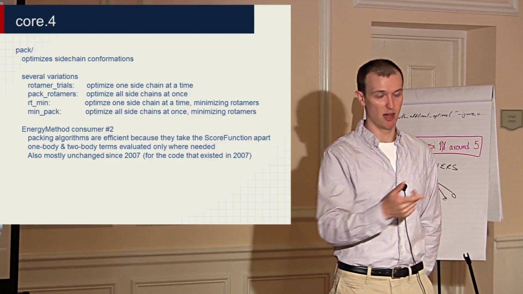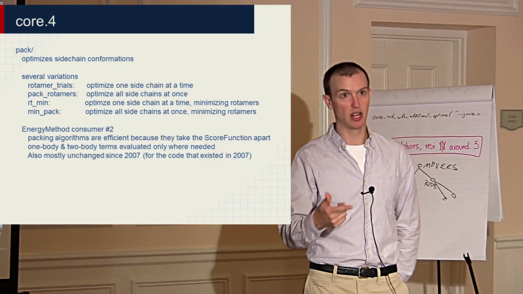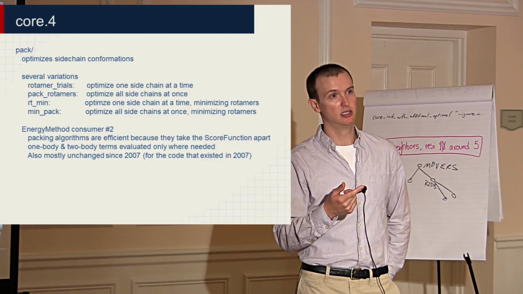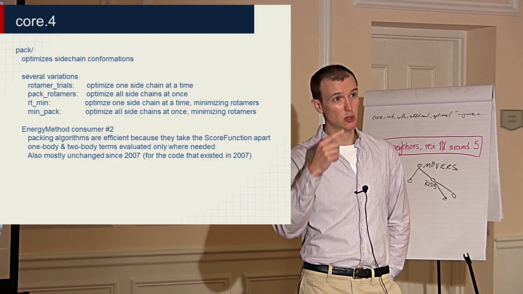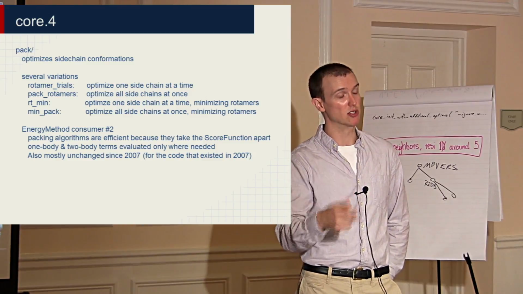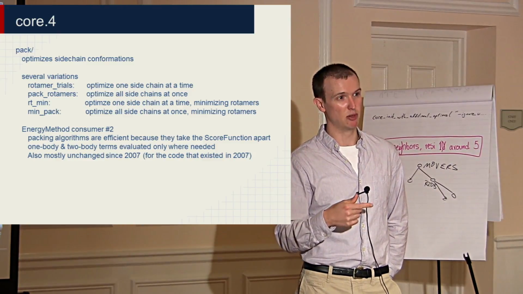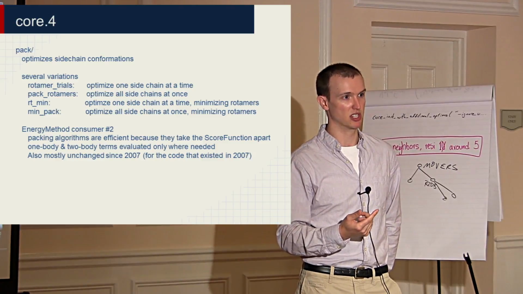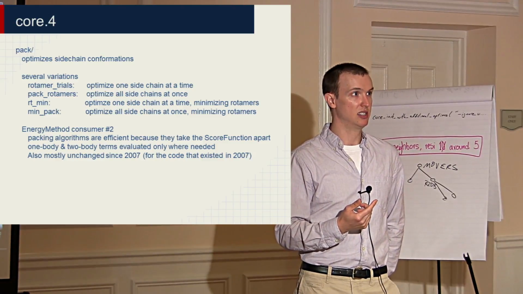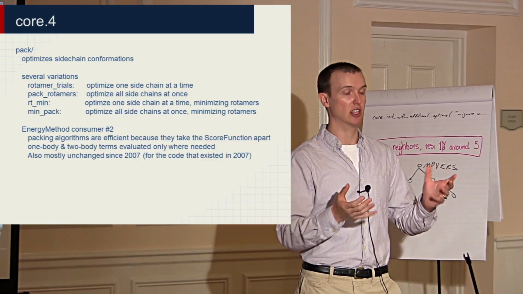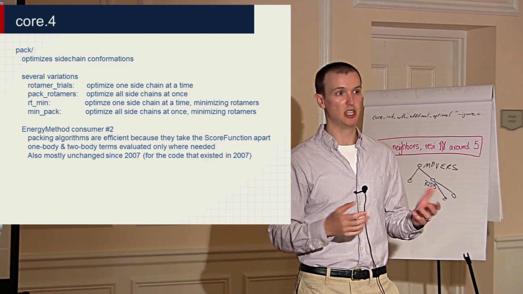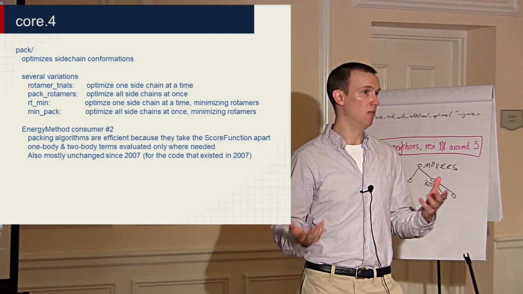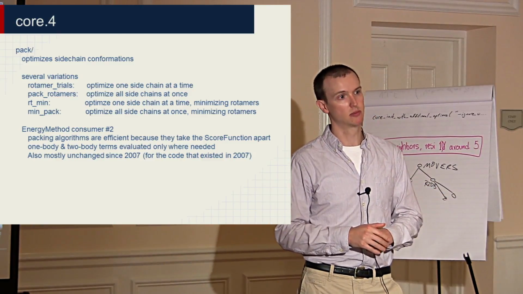Okay, so the answer is that in classic Relax, I believe you just ran rotamer trials in every step, as opposed to doing pack rotamers. And I think the justification for this was that the structure is changing very little between each perturbation, each iteration, and so why repack the whole thing?